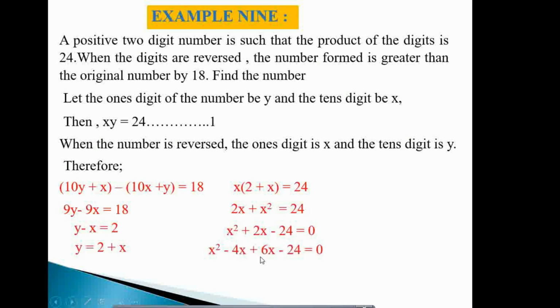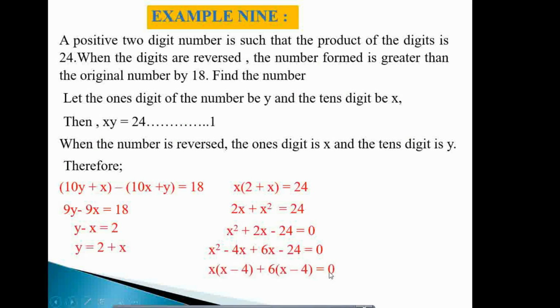This quadratic equation is x squared plus 2x minus 24. Then we look for two numbers whose product is negative 24 and sum is 2. That's none other than negative 4 and 6. So we break this 2x into negative 4x plus 6x to enable us to factorize by grouping.